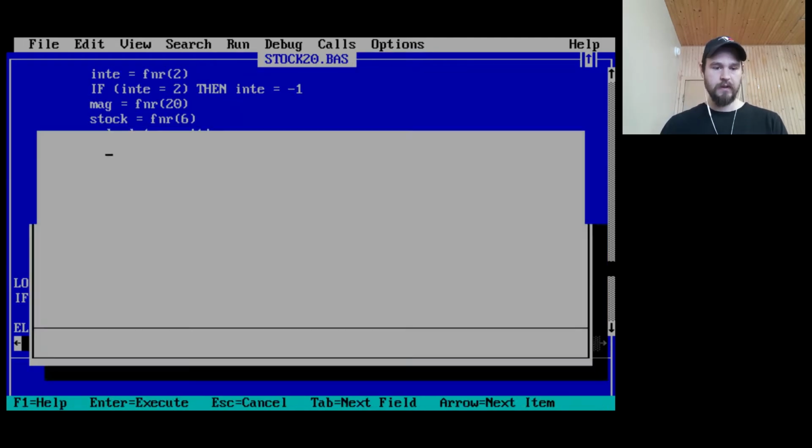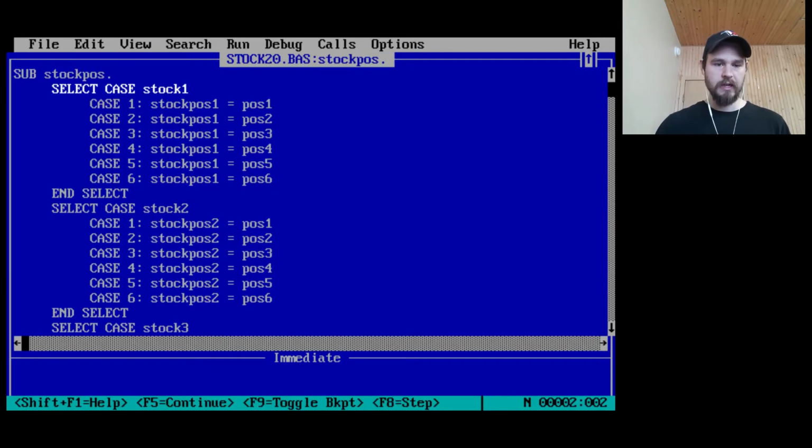Nice. Okay, stock pause. Remember, stock pause 1, 2, and 3 are the positions of my currently selected stocks. So this subroutine just keeps them in sync. So if stock 1 was 1, then stock pause 1 equals pause 1.